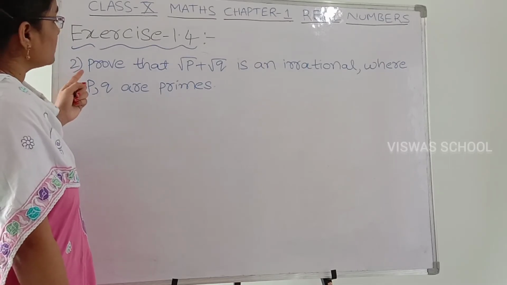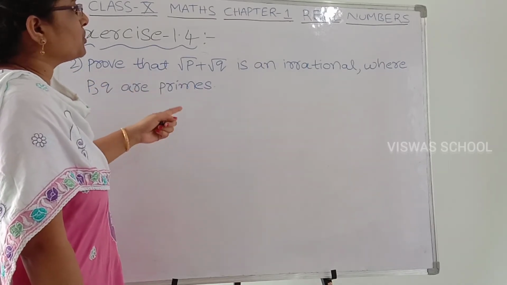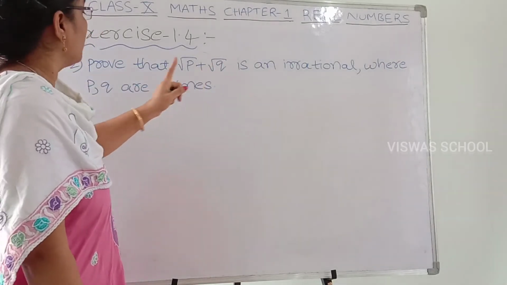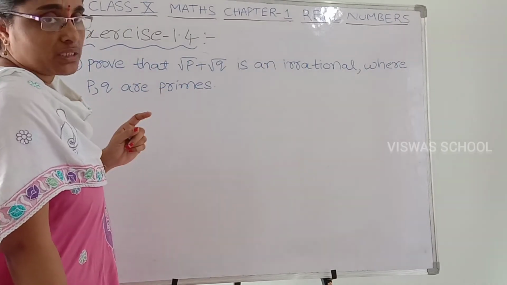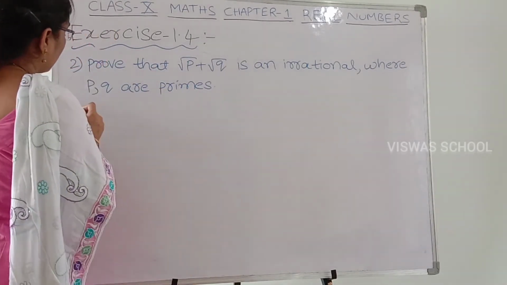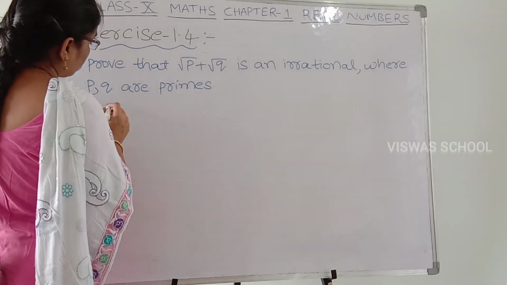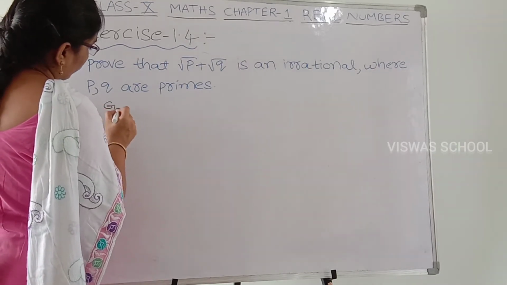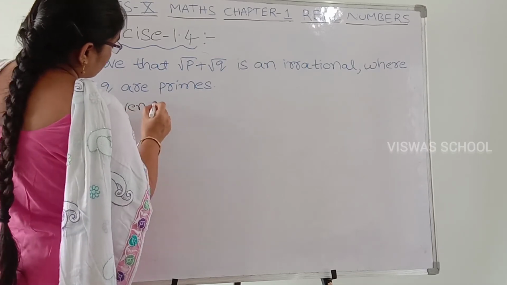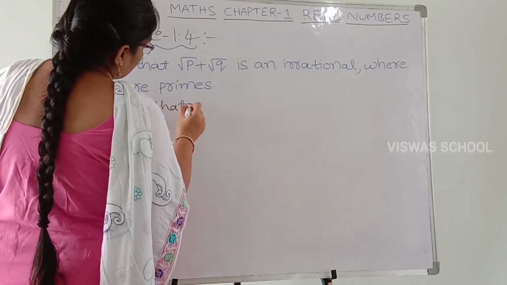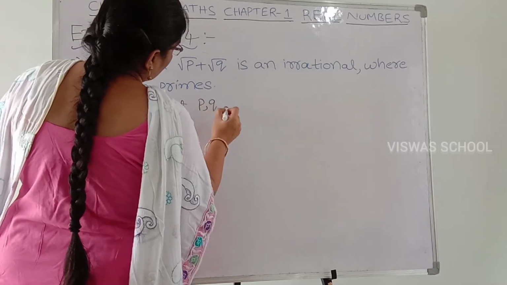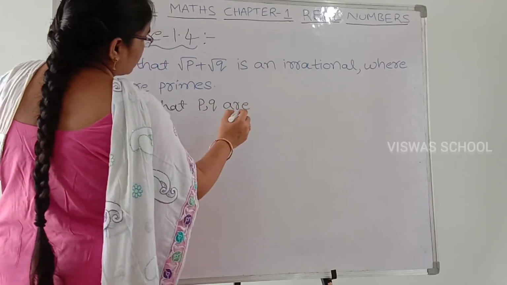Next, the second one is prove that root P plus root Q is irrational, where P and Q are primes here. To prove this one here, it is given that P and Q are primes.